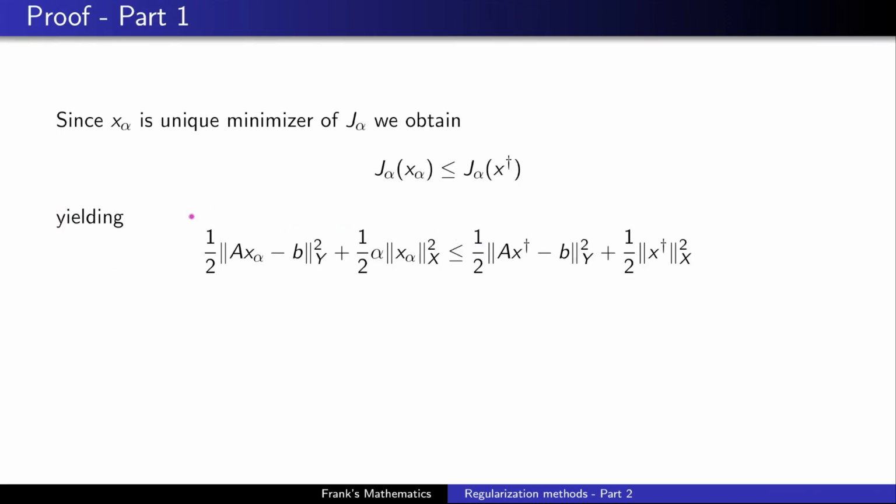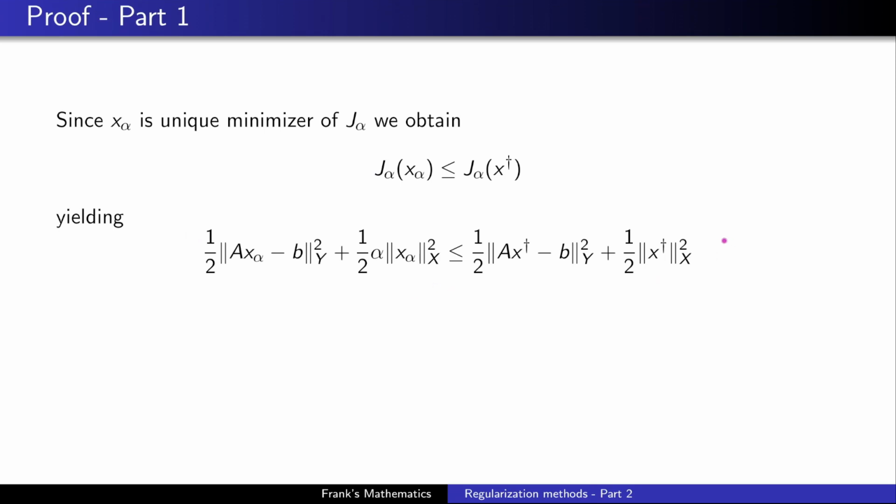We start by using the fact that x alpha is a minimizer of j alpha. So we know that this inequality holds since x dagger is in our admissible set C. And if we replace j by its definition, you can see the definition here.